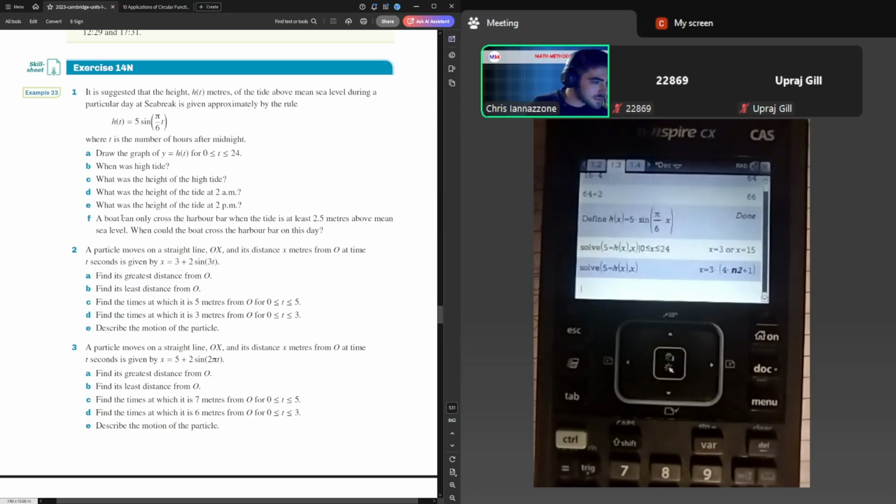And then lastly, a boat can only cross the harbour when the tide is at least 2.5 metres above mean sea level. When could the boat cross the harbour on this day? This one's probably the hardest question in question 1. I'll let you guys have a little think about that.